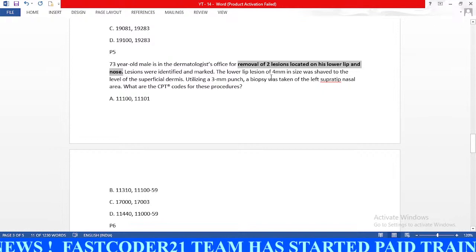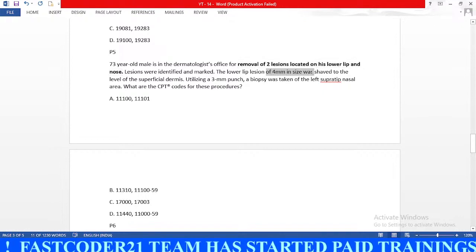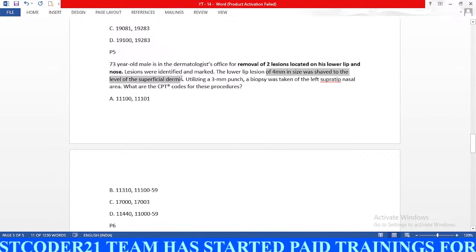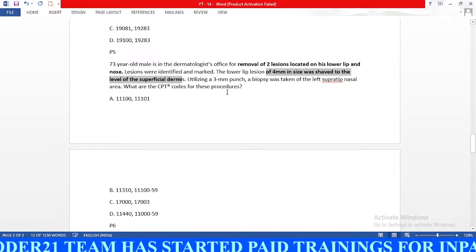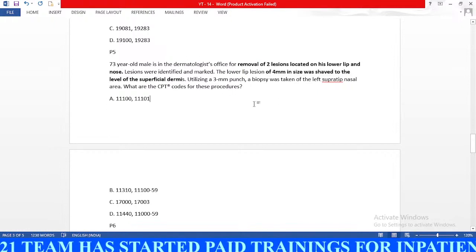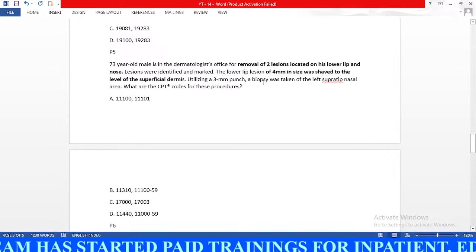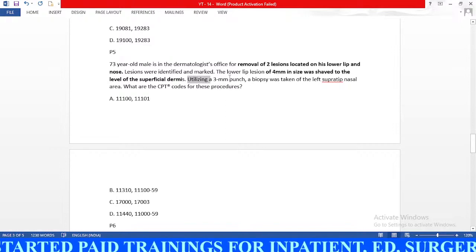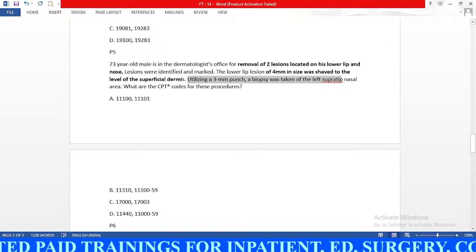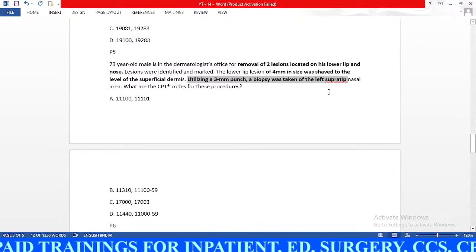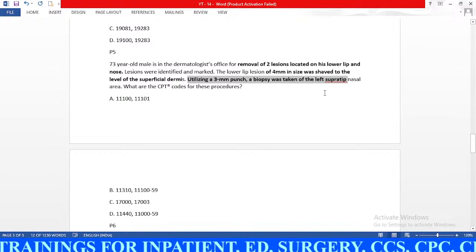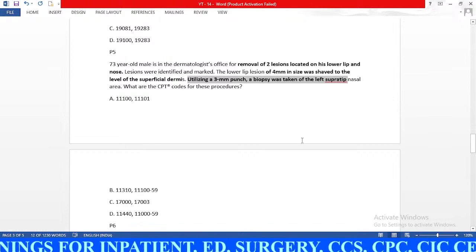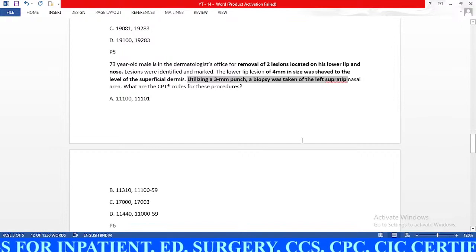The lower lip lesion of 4 millimeters in size was shaved to the level of the superficial dermis. So the first one is shaving. Utilizing a 3 mm punch, a biopsy was taken of the left supratip nasal area. So the second procedure is biopsy, punch biopsy. So first one is shaving, second one is punch biopsy. So we will check the answers now.